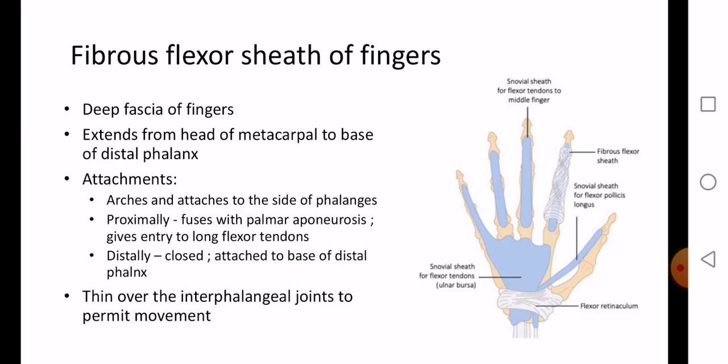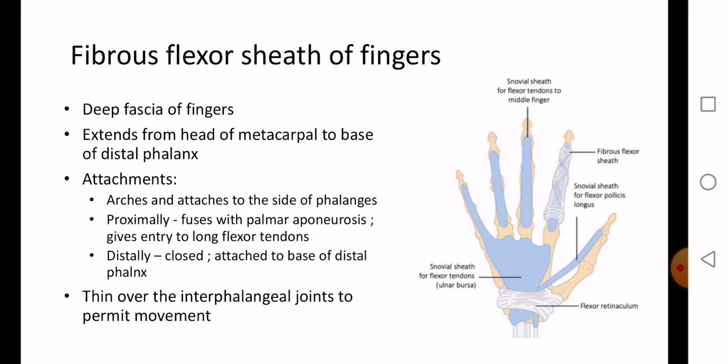Next, you have the fibrous flexor sheaths. The deep fascia in the fingers forms a fibrous sheath on the anterior surface of each finger. It extends from the head of the metacarpal to the base of the distal phalanx.